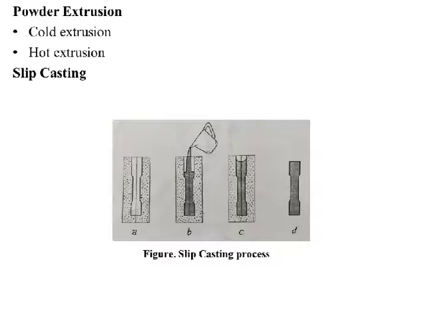In powder extrusion, we apply hydrostatic compressive stresses and shear forces, so hydrostatic compressive forces and shear forces are acting on the powder. Here the compacted powder will have high density.